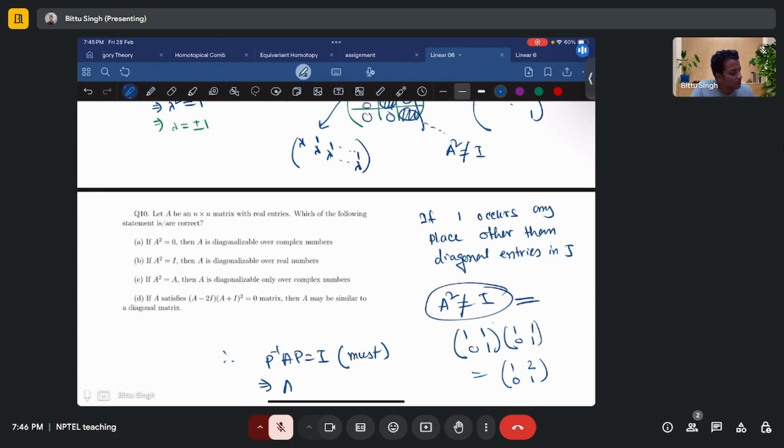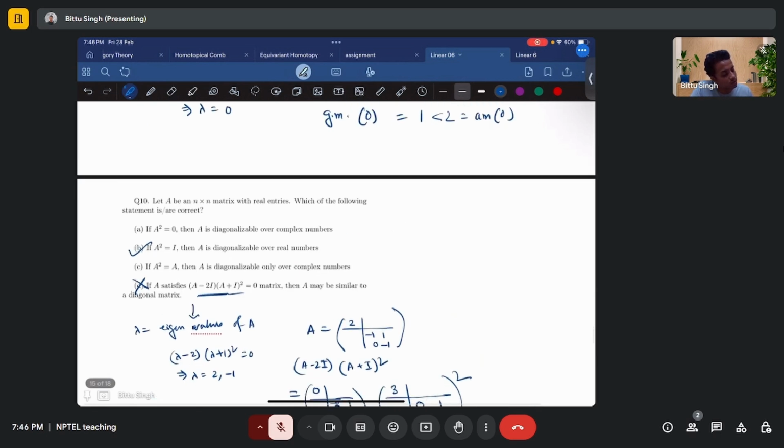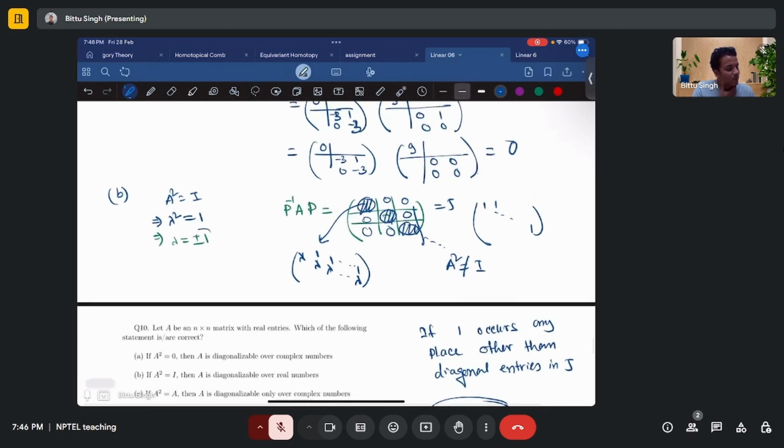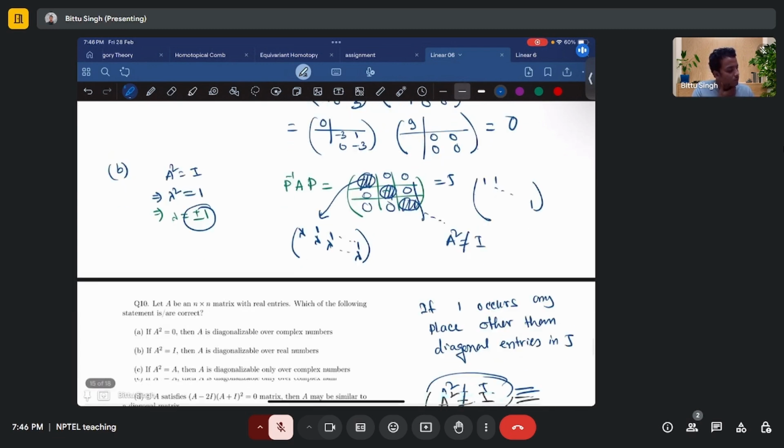So P inverse AP is identity. Just multiply with P and P inverse on the left and right. This will give P inverse P, which is I. So A must be identity. Sorry, I have made a mistake. P inverse AP is diagonal, so plus minus 1 also can occur.